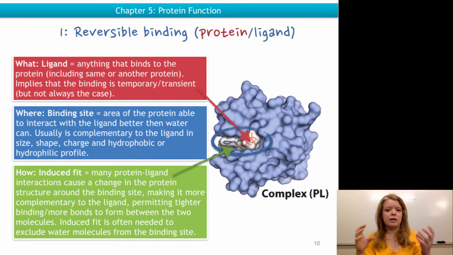Very frequently, there will be at least a slight conformational shift inside the binding site once the ligand has entered, again to prevent interaction of the ligand with the water and directing it away, just holding it there. But the induced fit has to be definitely flexible, because it's very important for the proteins to not only be able to bind the ligand under one condition, but also to let go under another condition.